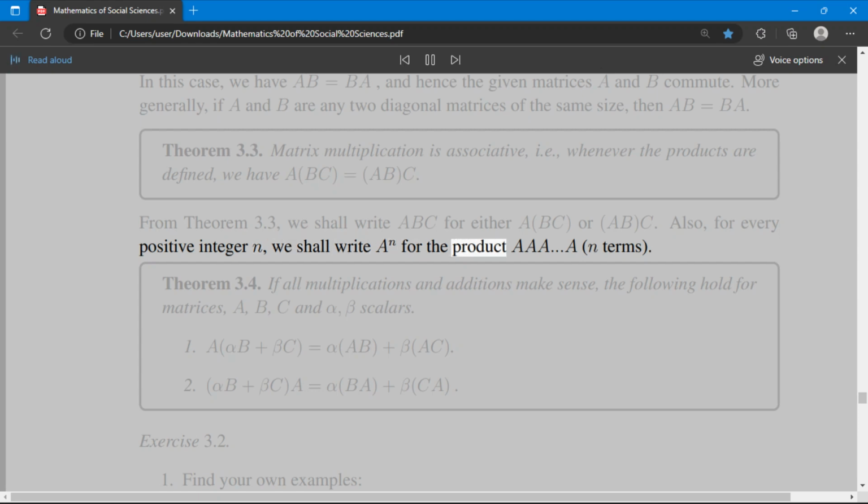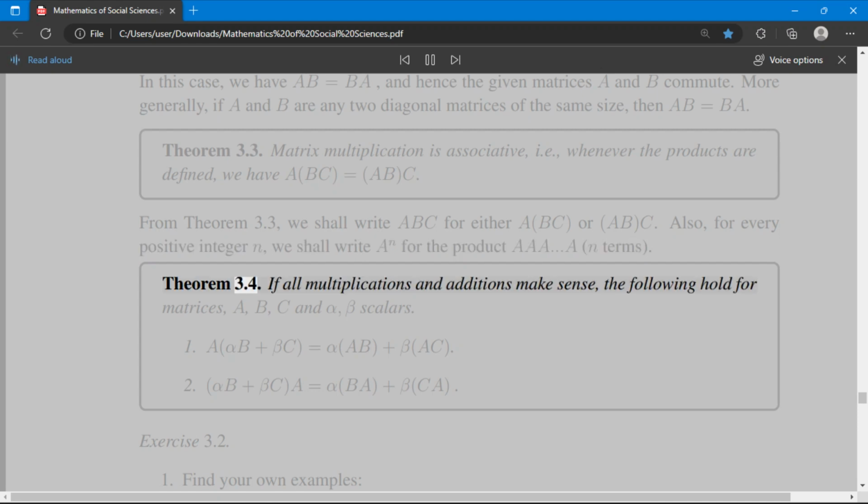Also, for every positive integer n, we shall write A^n for the product AA...A, n terms. Theorem 3.4.